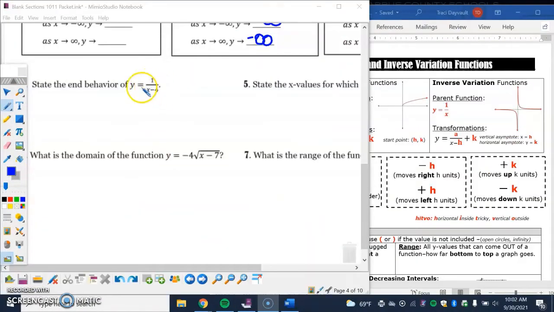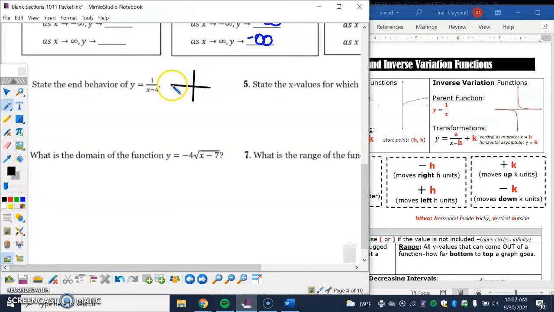Since this has an x on the bottom of the fraction, I know that it's an inverse variation function, so it's going to make this general shape. And this is 1 over x minus 4. You can tell that that looks like this a over x minus h. And what would this minus h, or minus 4, do to the graph? That would shift it to the right 4 units.